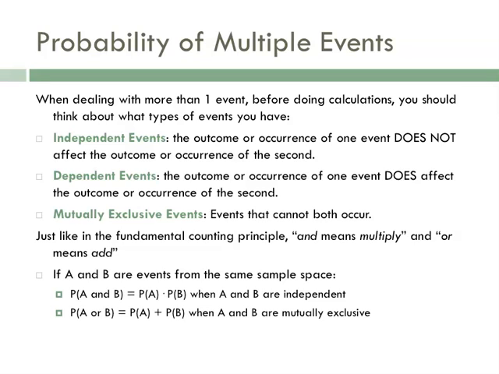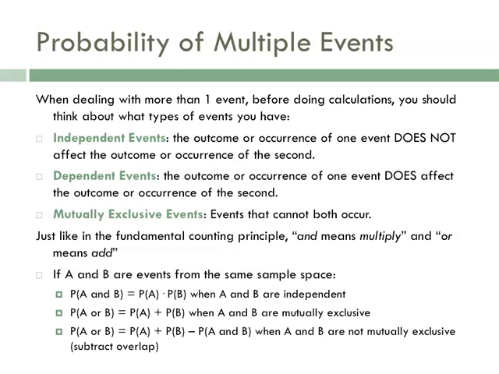Now, if they're not mutually exclusive, then you're going to have to subtract out the part that gets overcounted. So normally you do probability of A plus probability of B, but now you have to subtract out the probability of A and B. So if they're not mutually exclusive, that means there's something that overlaps.